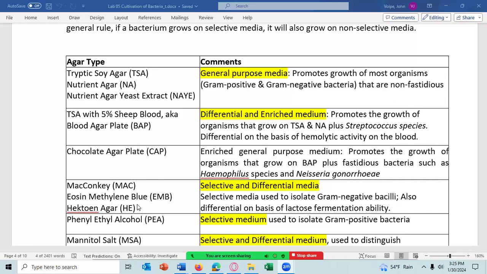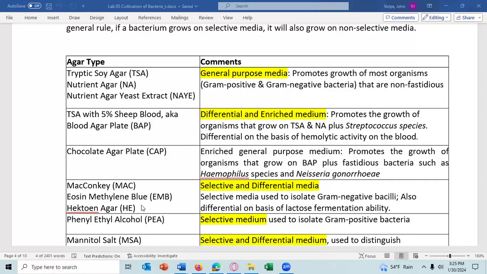And the color will be dependent on which media you use. With MacConkey's, it'll be pink if it can ferment the sugar lactose. With EMB, it will be metallic green or a dark color. With Hektoen enteric agar, I believe it'll be salmon colored if it can ferment the sugar lactose.